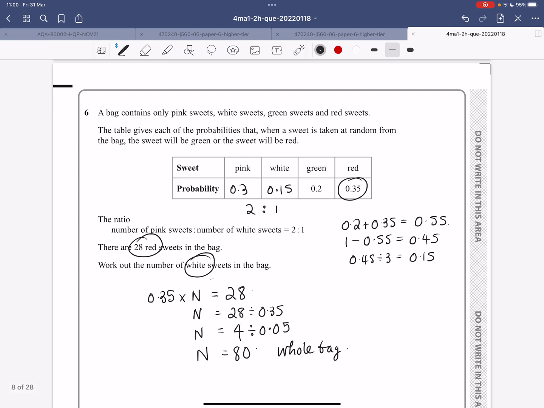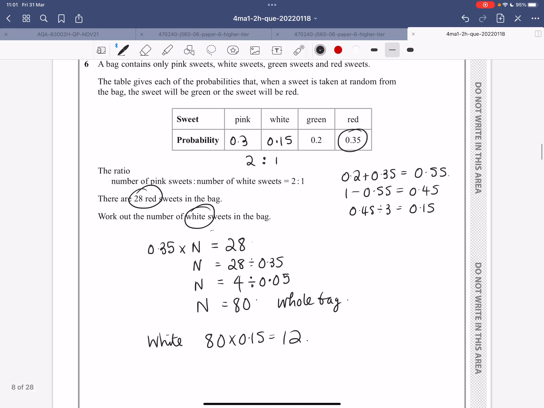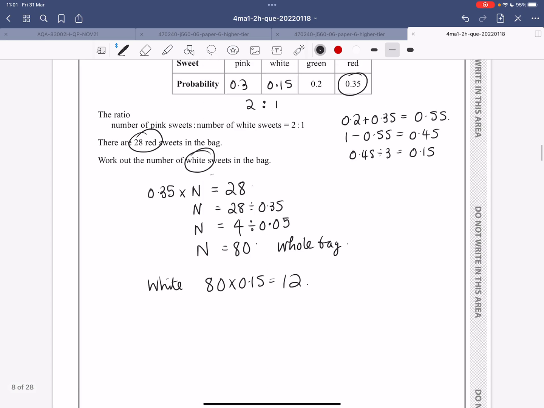And then the whites are 0.15. So the white is 80 times 0.15, which is actually 12. Okay, so as a quick check, we would have pink 24, white 12, because pink is twice as much as white.